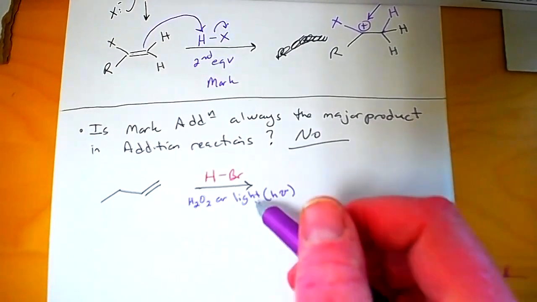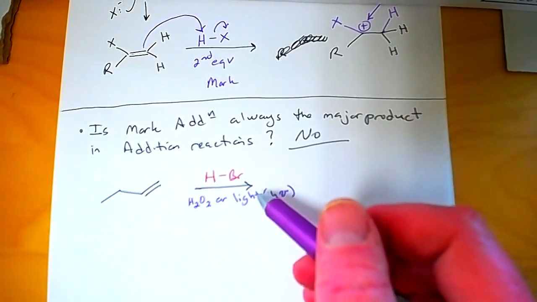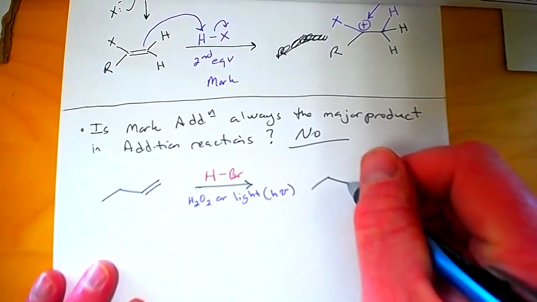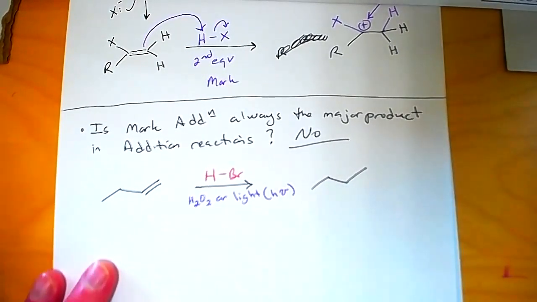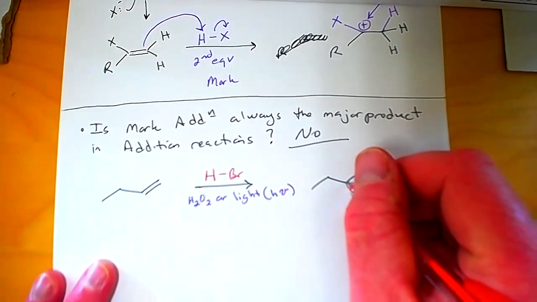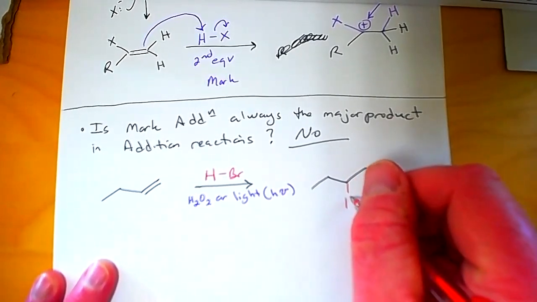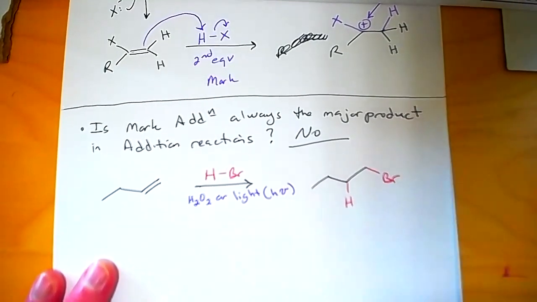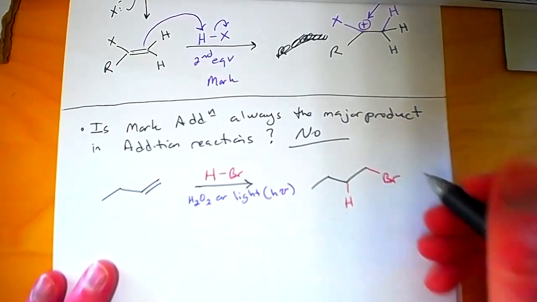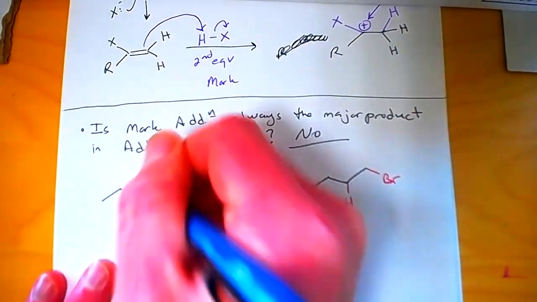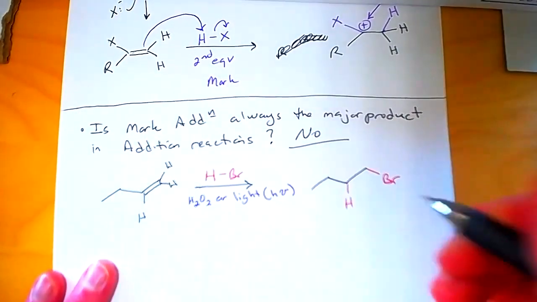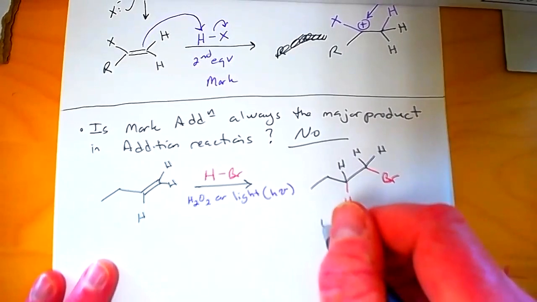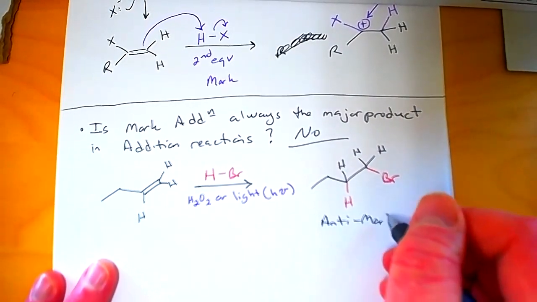So either a bright light or some peroxides present, we would see the major product here would in fact add the hydrogen to the side of the double bond that had the fewer number of hydrogens, and the halogen would add onto the side that had more. Here there's one, and here there are two. And that is most certainly anti-Markovnikov addition.